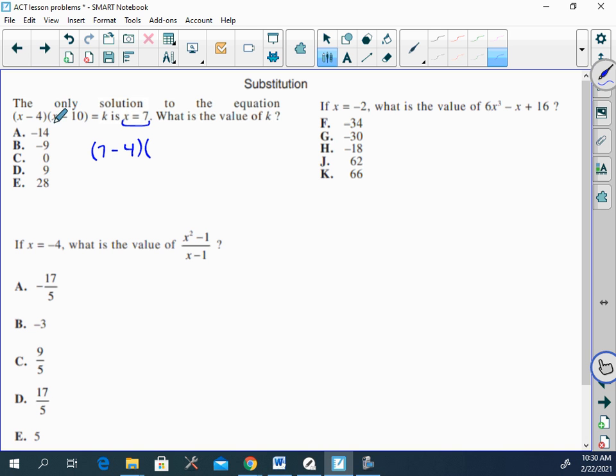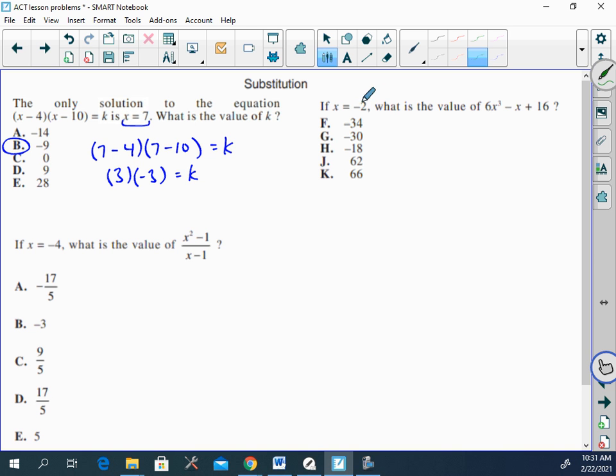And then instead of x minus 10, we're putting the 7 in for the x, so 7 minus 10. And this is equal to k. Now your calculator will do order of operations, so if you type it exactly like this, it'll give you the correct answer. So we end up with 3 here, and this we would have negative 3, which gives us our k value, negative 9.